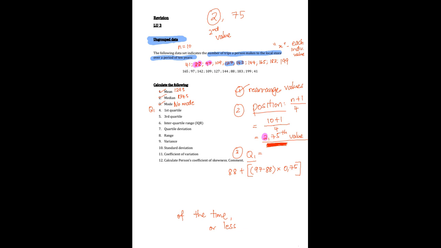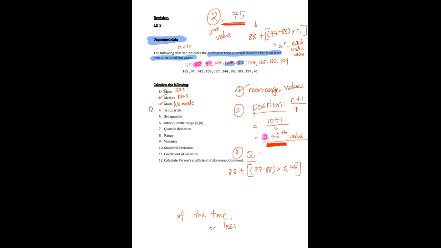Then it says add on 2 square brackets so that you can write within them. The first thing you're going to do is work out the difference between that 88 that you just wrote down and the number after it from the data set. So the number after it, we said, was the number 97. So it's 97 minus the 88. And then you take whatever decimal you had left from the position that you didn't worry about at the beginning, you multiply it by that decimal.